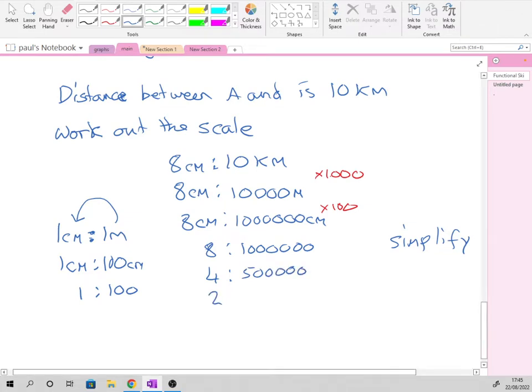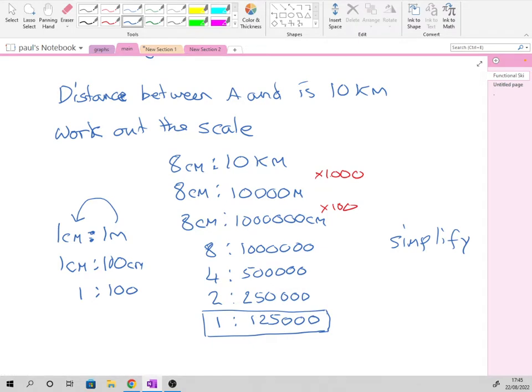Let's halve it again. 250,000. And halve it again. 125,000. So there would be our answer for that scale.